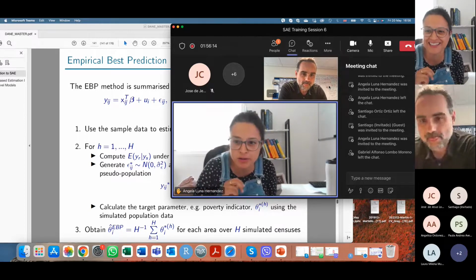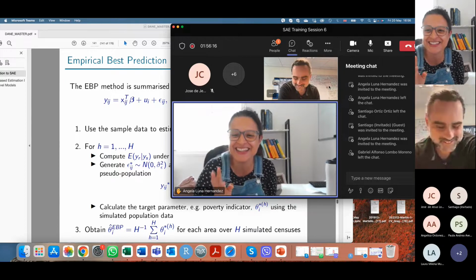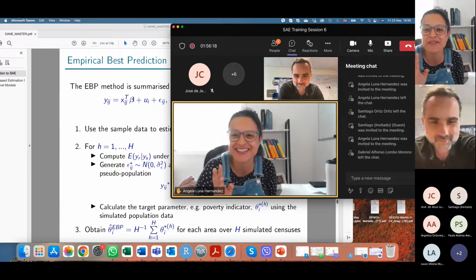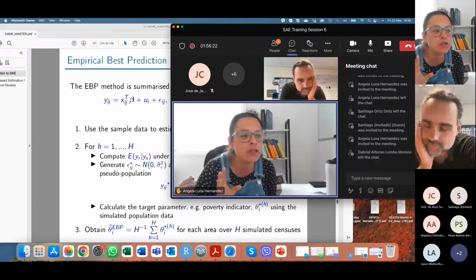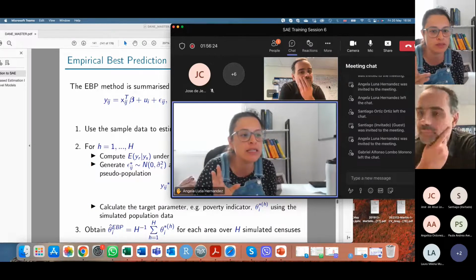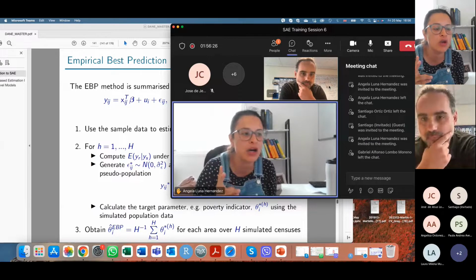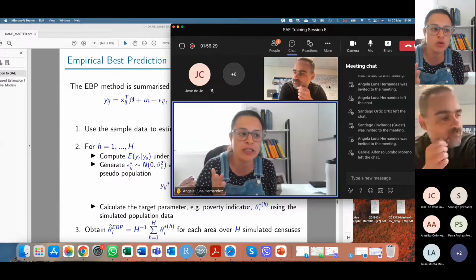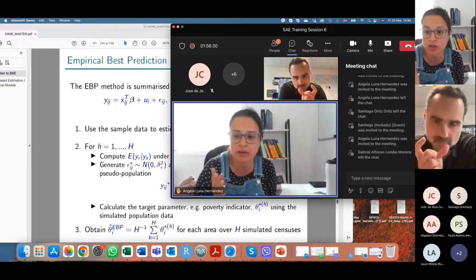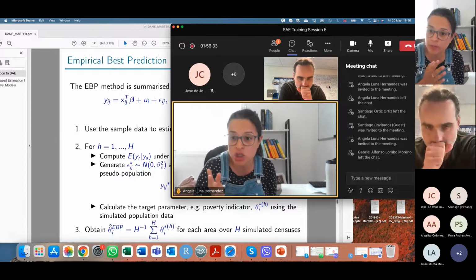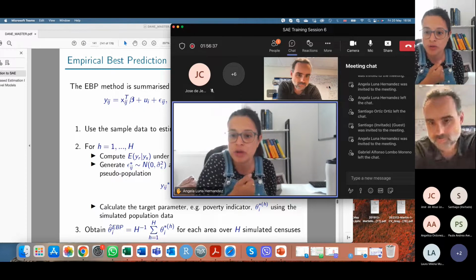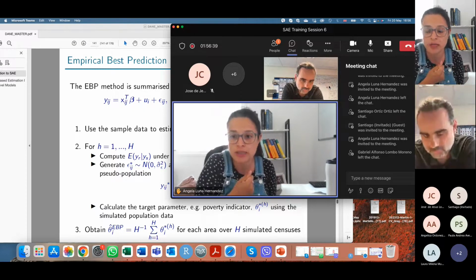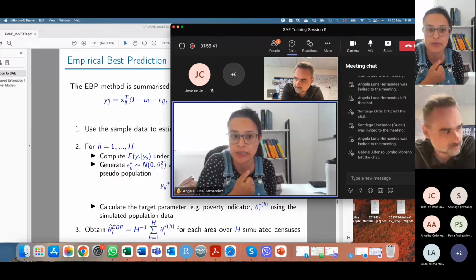I wanted to gather your thoughts, because when the EBP conditions on the sample, you get one thing: the predicted random effect, u_i hat, which in theory gives you a better predictor for all the out-of-sample units.